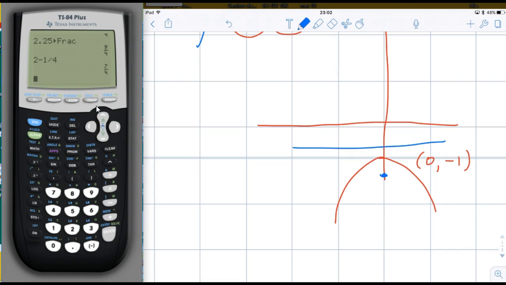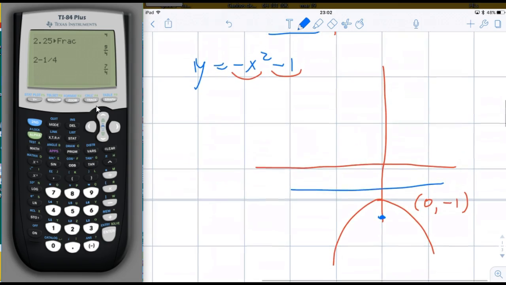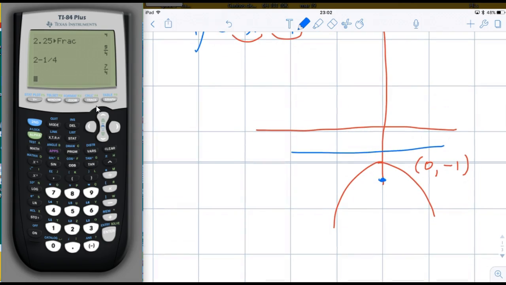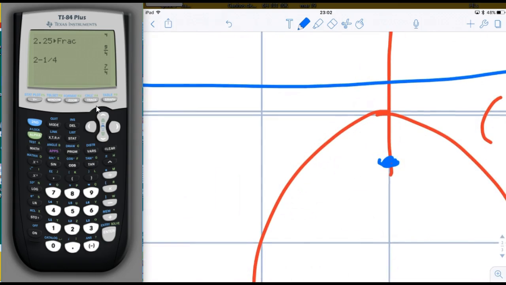here. Remember, since the parent function is a standard parabola function with the a value of 1, we know that the distance from the directrix to the vertex is 1/4, and the distance from the vertex to the focus is 1/4.